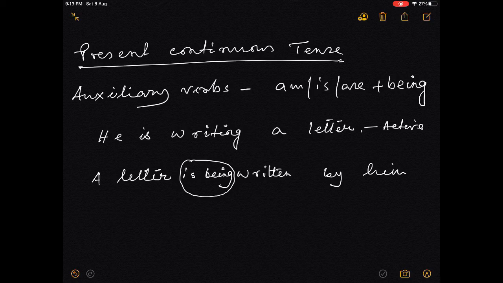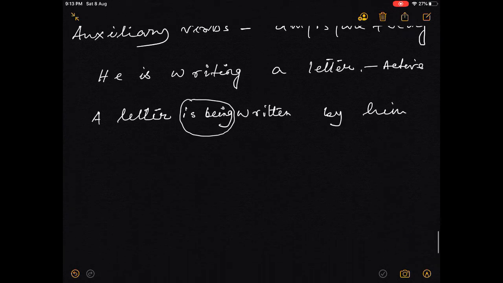When it is a plural number or any other person, then it may be am being, are being, in this way, present continuous tense.